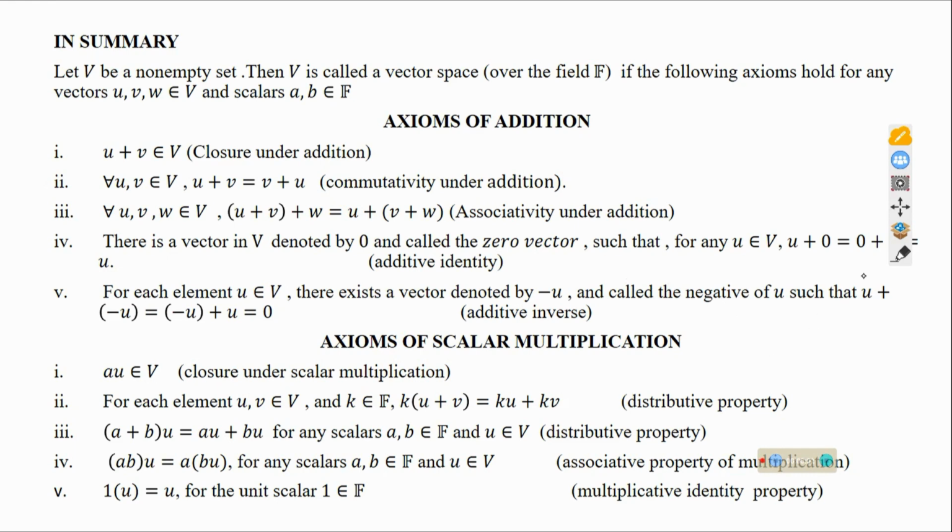We now come to axiom number 6. Now we are done with axioms related to addition. We want to now come to axioms related to scalar multiplication. And to begin with, we need to prove that closure under scalar multiplication holds. We need to pick one scalar and a vector, then we see whether that scalar times a vector is also an element of that given space.